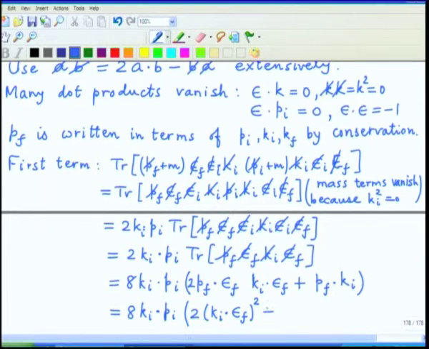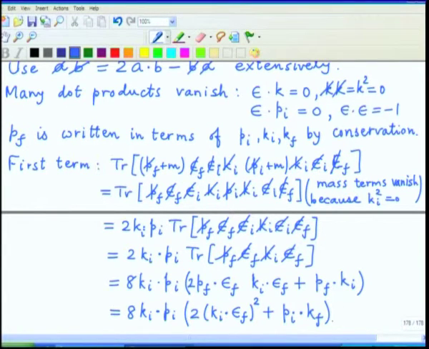Same trick for the second term here. Again, the energy momentum conservation implies that k I minus P f equals k f minus P I in a rearranged form. Squaring this expression, k square equal to 0 and P square equal to m square are eliminated from the two sides of the equation, giving P f dot k I equal to P I dot k f.